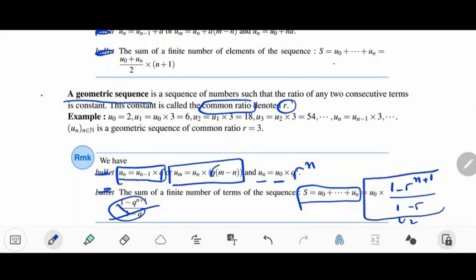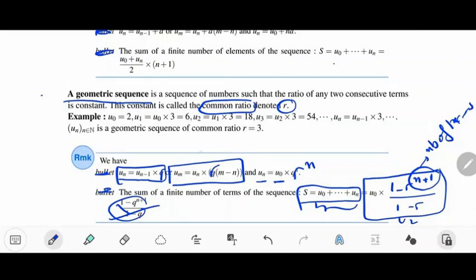So this formula gives the sum of the numbers constituting this geometric sequence going from 0 to n. Be careful though that you should not read the n plus 1 in here as n plus 1, you should read it as the number of terms. Because from u0 to un we have n plus 1 terms, so n plus 1 in here represents the number of terms.